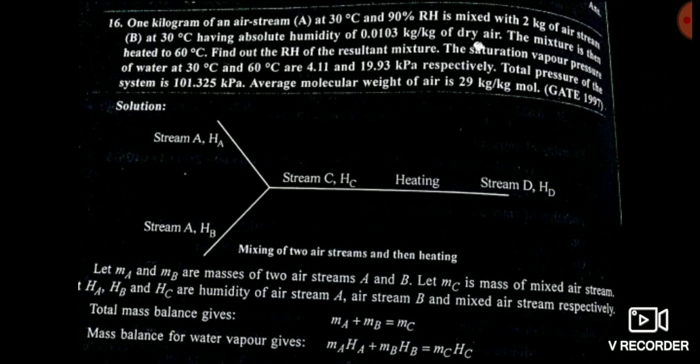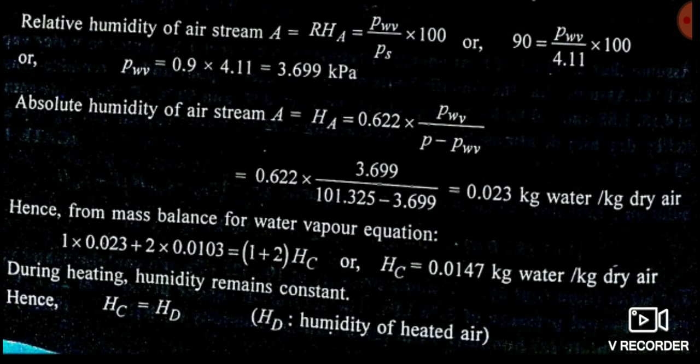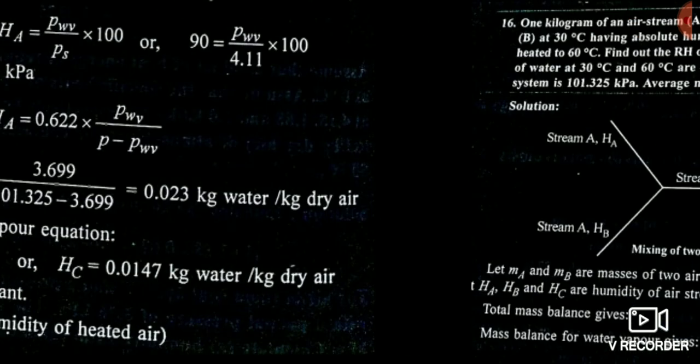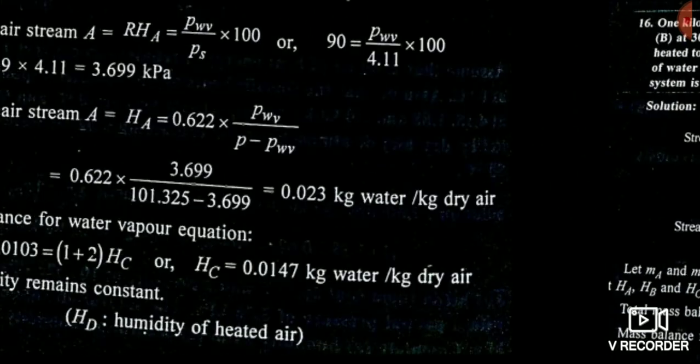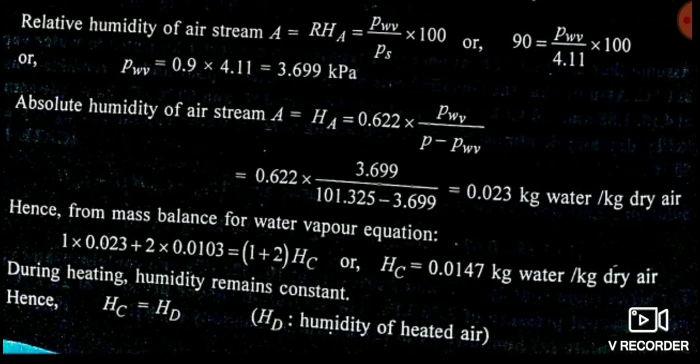So first you should calculate the absolute humidity of stream A, as its relative humidity is given in the question. Friends, you should equate the partial pressure of water vapor, that is equal to relative humidity into saturation pressure.